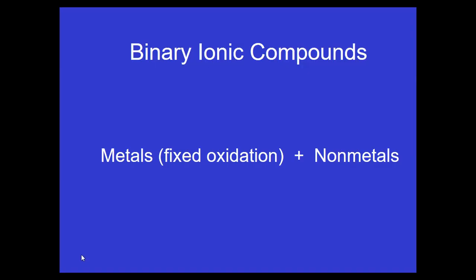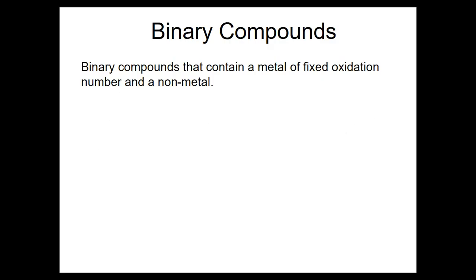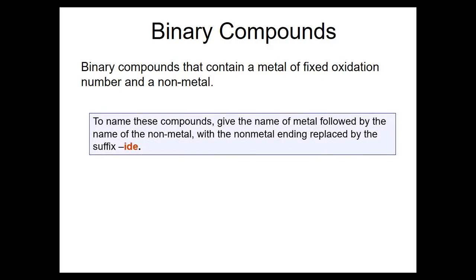Okay, so today we're going to be working on binary ionic compounds where you have a fixed oxidation number. And this just means you have an element which only has one common charge. Okay, so when we have these kinds of compounds, we're going to name the metal just like it's named on the periodic table.